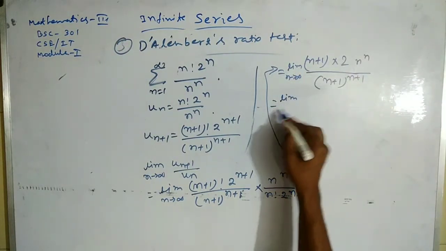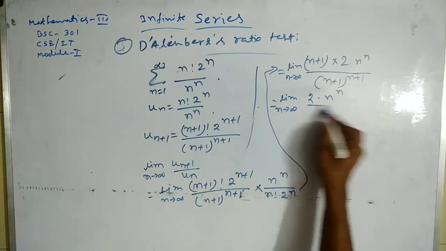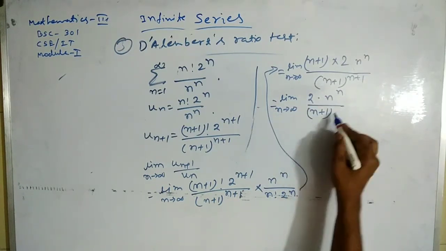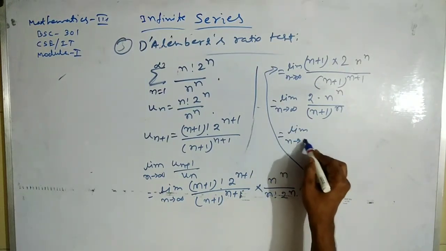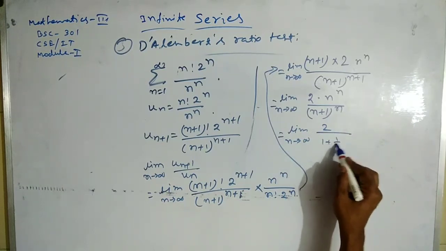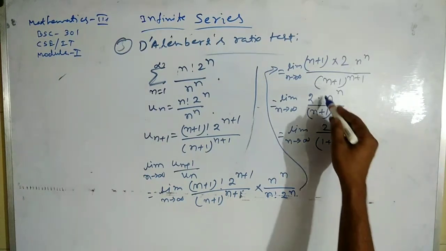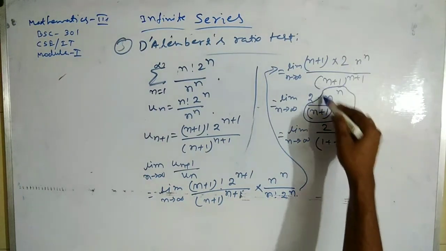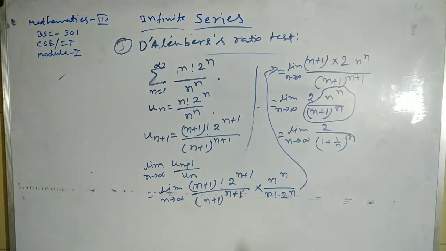So this will be equal to limit n tends to infinity 2 into n to the power n by n plus 1 to the power n, and from here we can write 2 by 1 plus 1 by n whole to the power n. You can simplify and you will get this term.